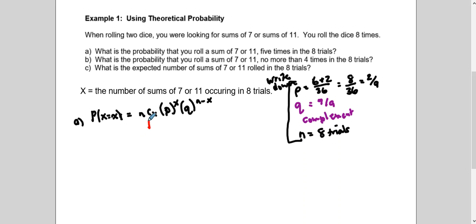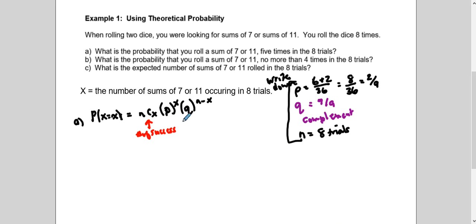This part right here is the number of combinations I can have for success. All right. So in the 8 trials that I do here, I'm going to have, say, 5 successes or 2 successes, right? So this is the number of successes that I can have.